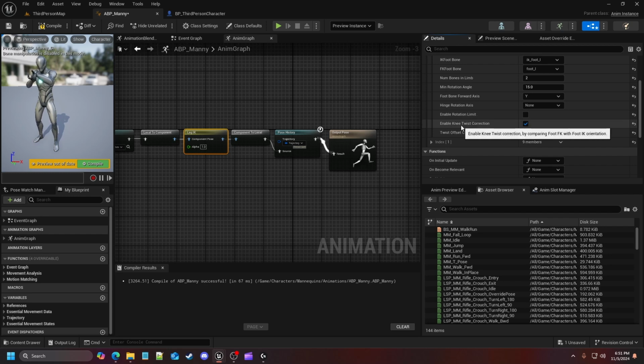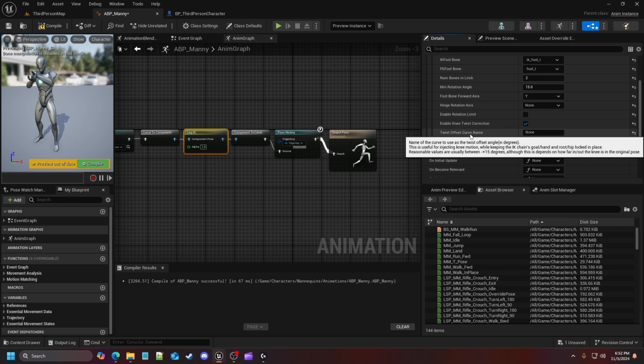And then with the enable knee twist correction, we have this turned on to adjust the knee orientation automatically, ensuring the leg bends in a realistic way. So that's what this is doing here.